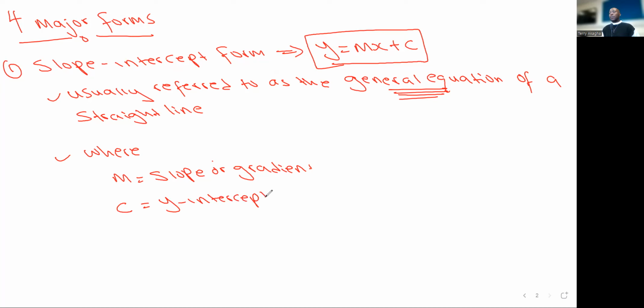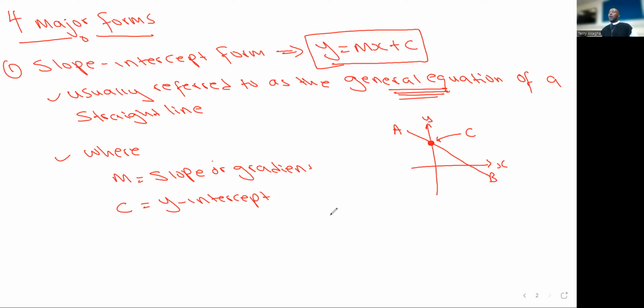Okay, so for those that missed my video on y and x-intercept, when we talk about an intercept, if for instance you have a line like this, let's call this line AB, this is the y-axis, and this is the x-axis. A y-intercept is the point where the line touches the y-axis.